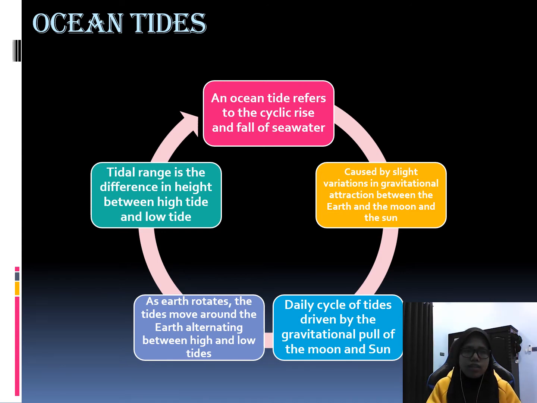The daily cycle of the tides is driven by the gravitational pull of the Moon and the Sun. As the Earth rotates, the tides move around the Earth, alternating between high and low tides. The tidal range is the difference in height between high tide and low tide.